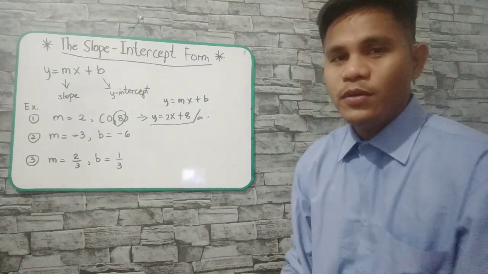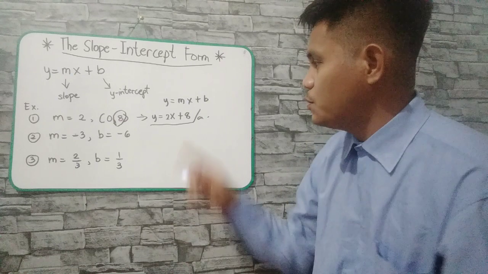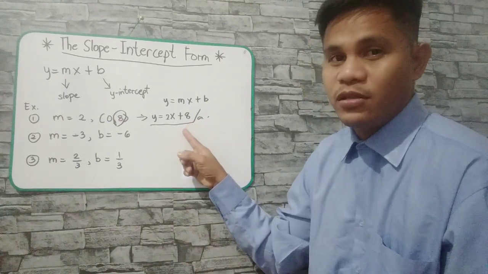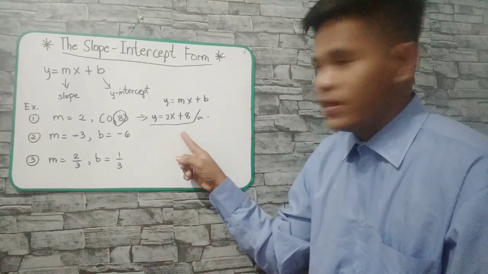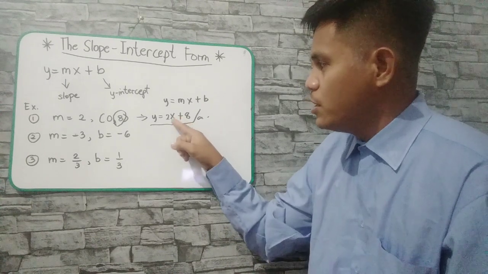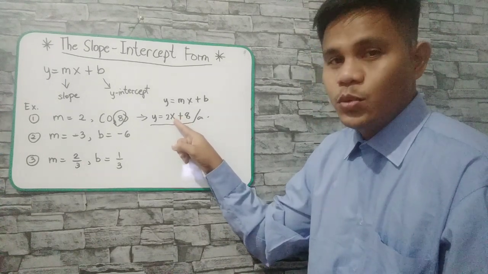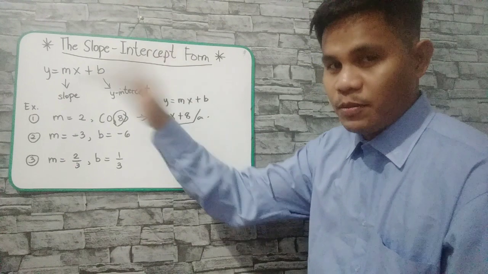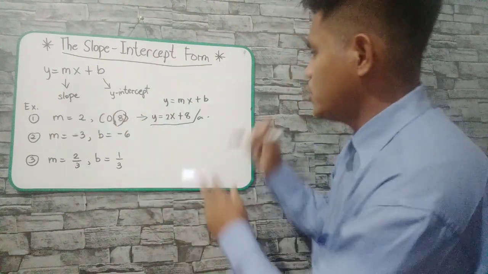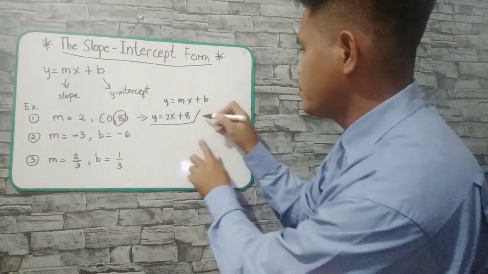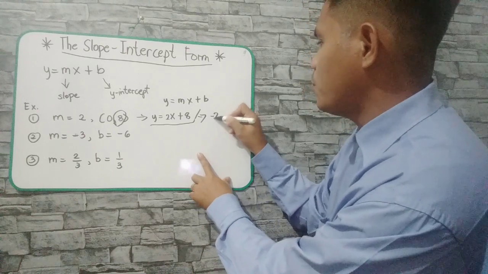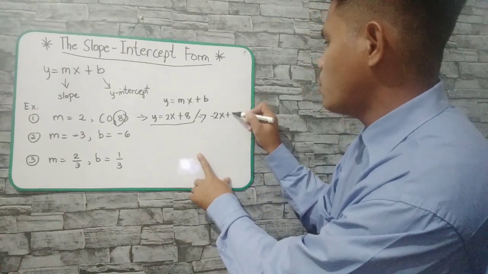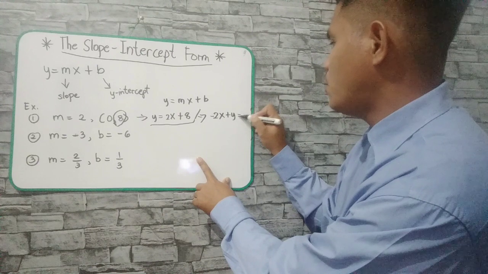Now, if you are going to ask me how to write this into standard form, that is very easy, because all you have to do is to transpose 2x from the right side to the left side. So this will become negative 2x plus y is equal to 8.